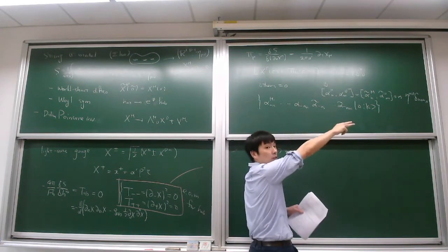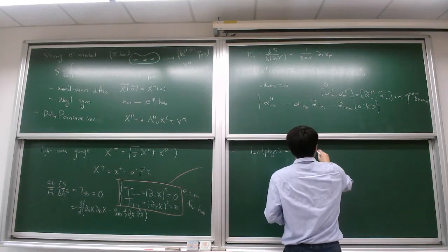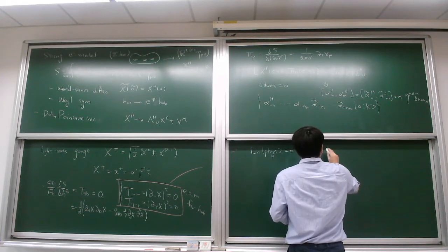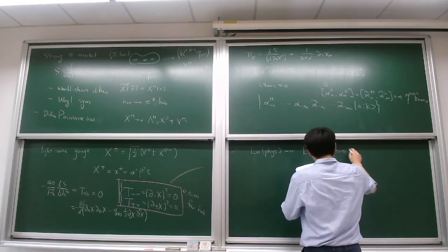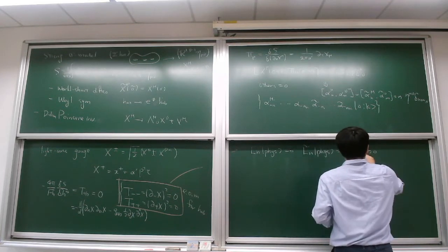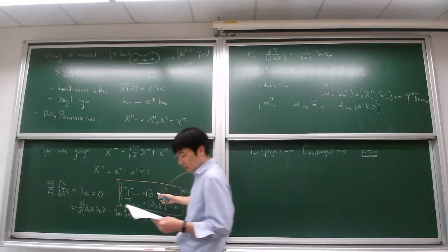We have now created the Hilbert space, and which one is the physical Hilbert space? These are constraints coming from this equation of motion.